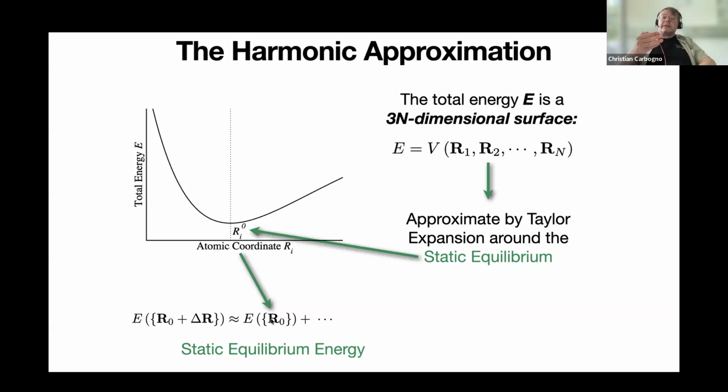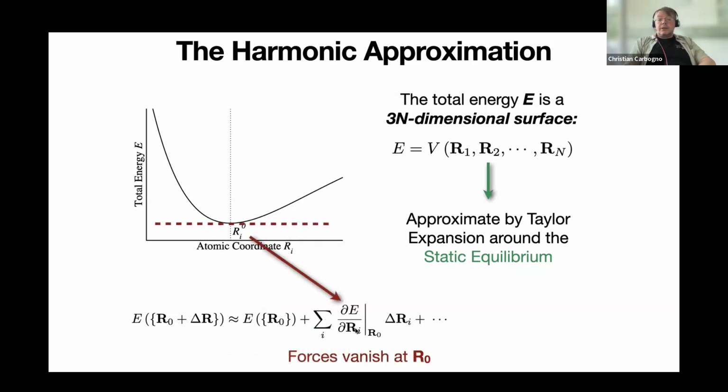If we go one step further in the Taylor expansion, we need to look at the derivative of the energy at this position. Since this is equilibrium, the derivative has to be zero by construction. This is how a minimum and equilibrium position is defined. So this term vanishes in this system.